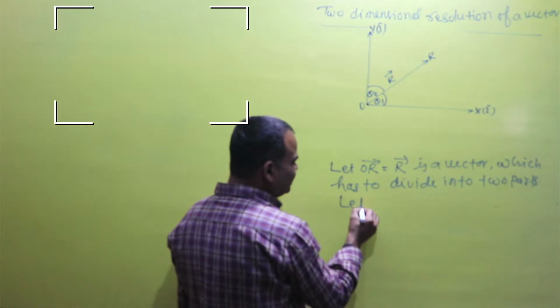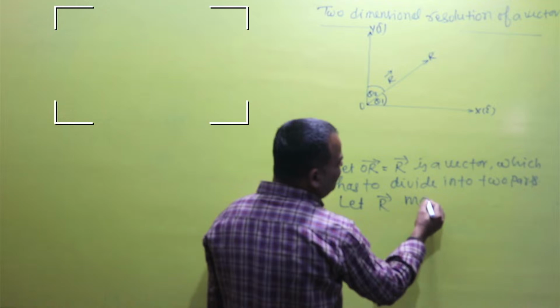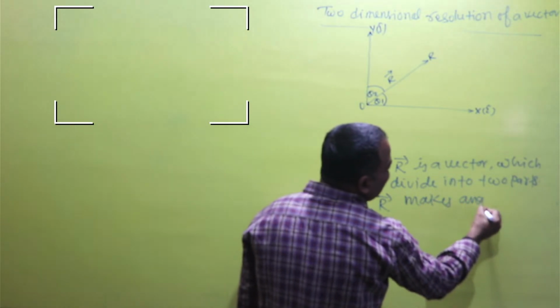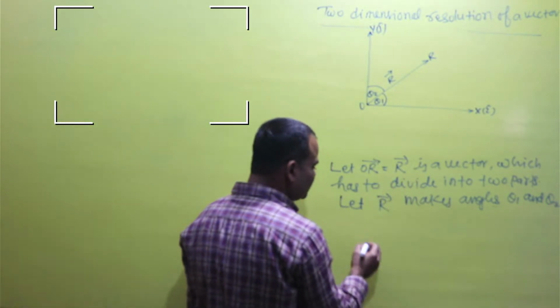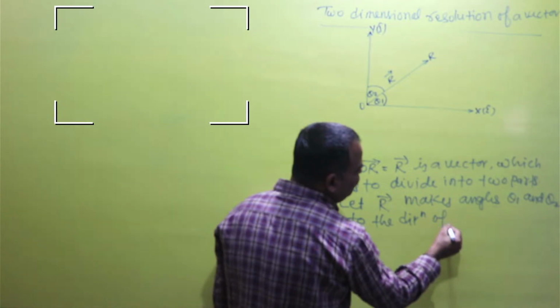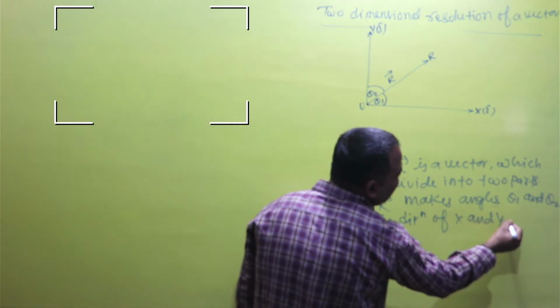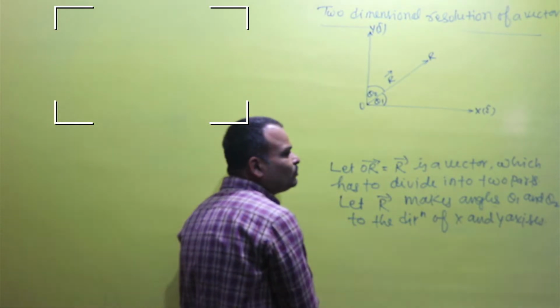So we can write this: let vector r make angles theta 1 and theta 2 to the directions of x and y axes. Now what to do?